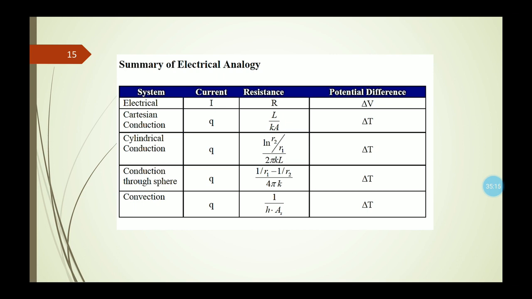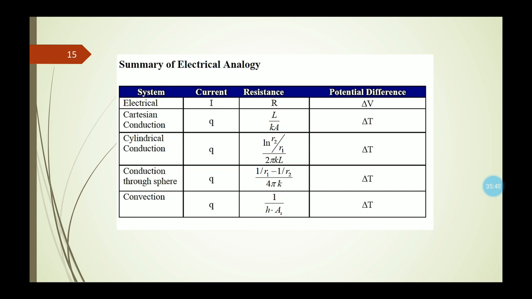In the case of heat transfer in Cartesian coordinates, the heat flow is Q, the resistance equals L by kA, and the potential difference is delta T. In the case of cylindrical conduction, the heat transfer is Q, and the thermal resistance is ln R2 by R1 divided by 2 pi kL. The potential difference is the same temperature difference.